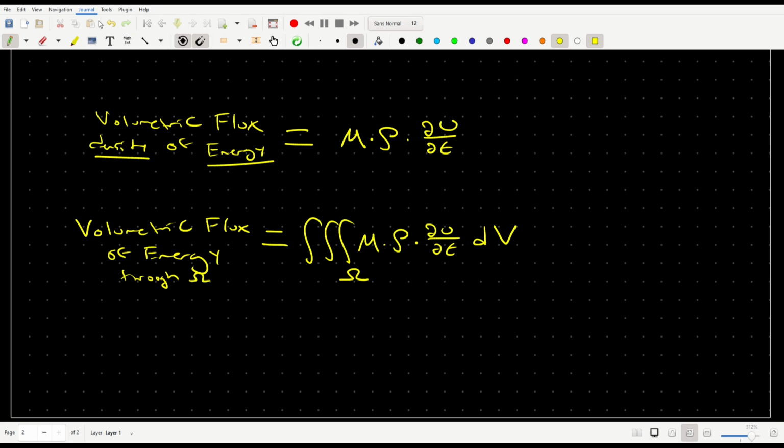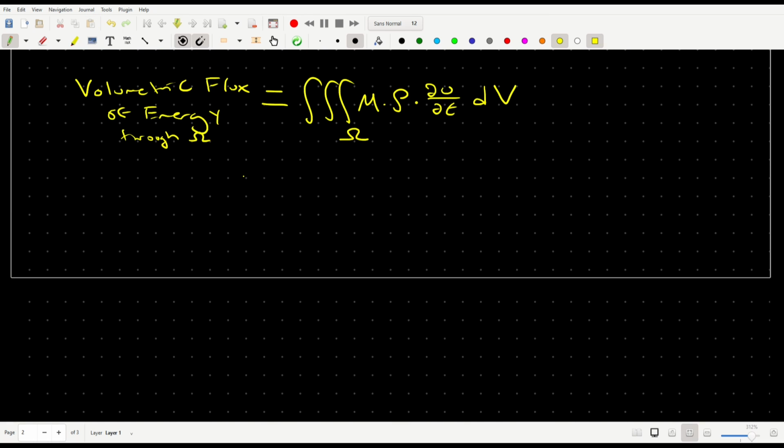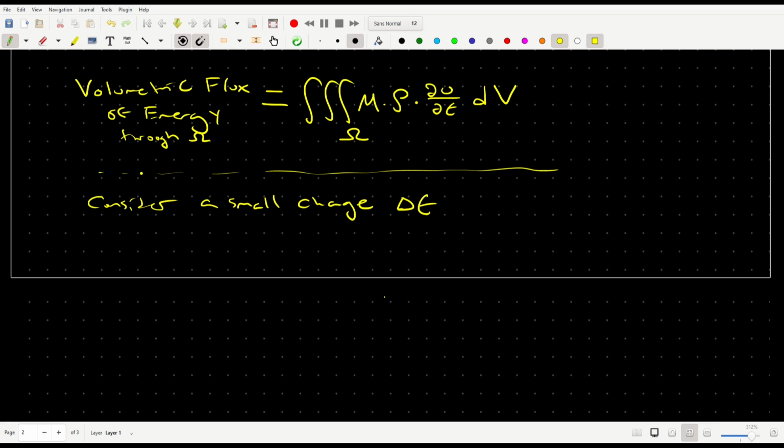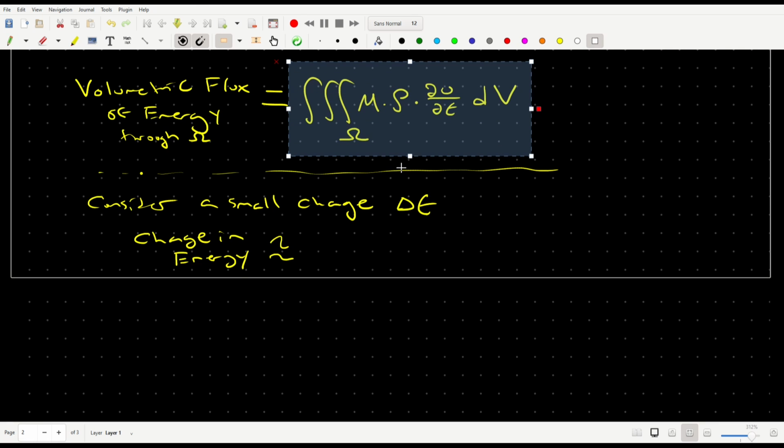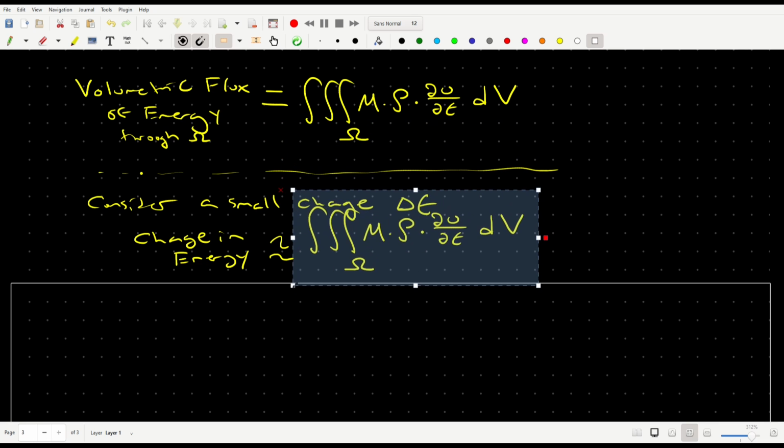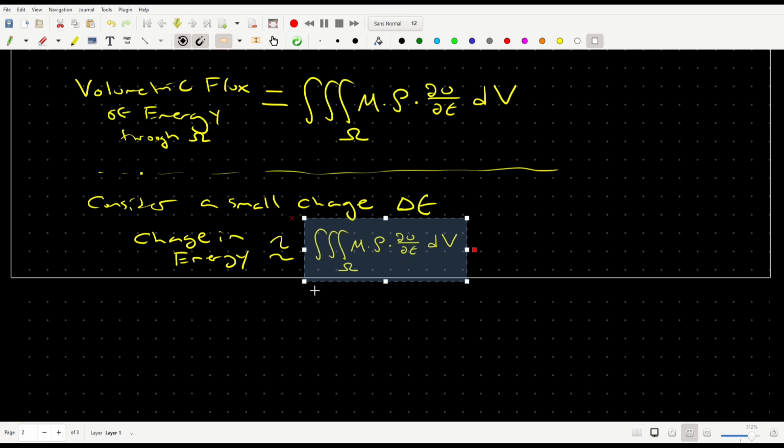Which means that, just like before, if we consider a small change, delta t, the change in total energy is going to be approximately equal to this total volumetric flux times delta t.